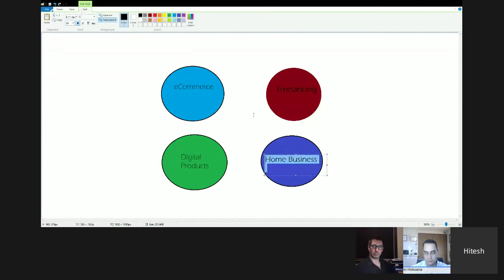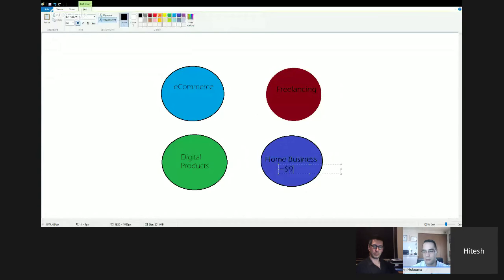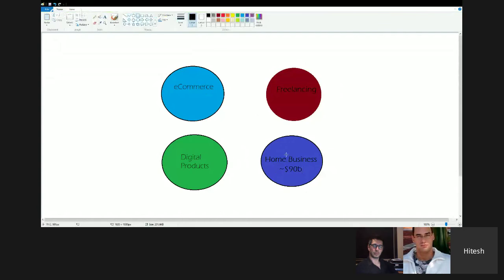Now, here is the home business industry, and this represents right about $90 billion in revenue. This is where most companies are. So the circles are the market out there, the economy for it, and the rectangle is a company.